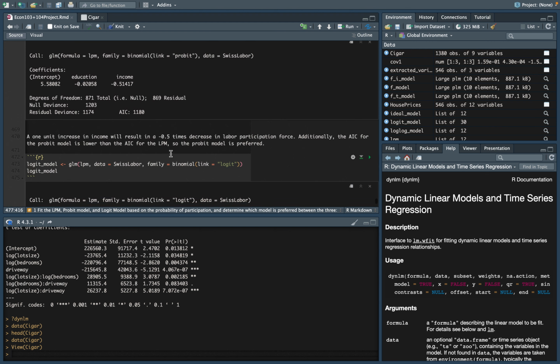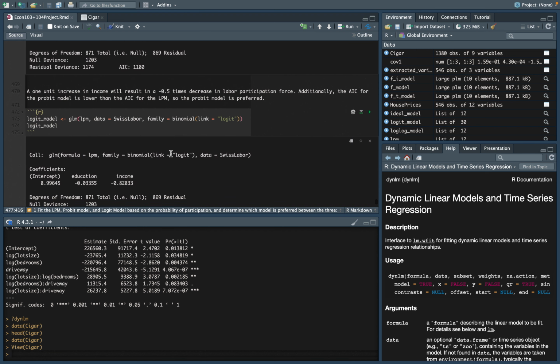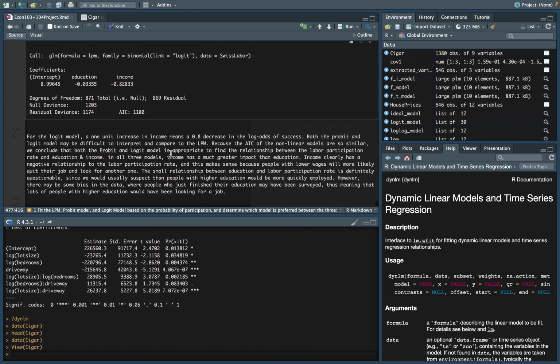Now notice that the AIC for the probit and logit are very similar, so we don't necessarily know which model we prefer. I think in this case both are appropriate. But just interpreting the effect of income onto the labor force participation percentage, we can generally see that as income increases, the chance of someone participating in the labor force will decrease.